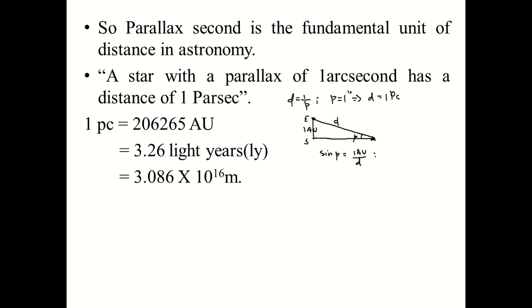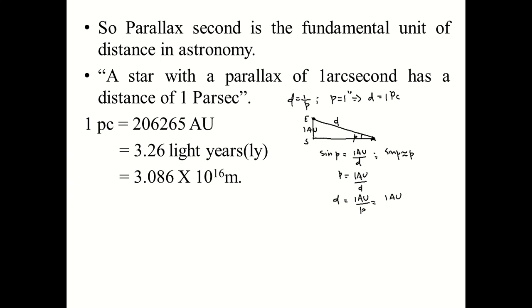Now you know that p is very small, so sin p can be treated as approximately equal to p. So p is equal to 1 astronomical unit divided by d. Now we want the expression for d. So d is equal to 1 AU divided by p.